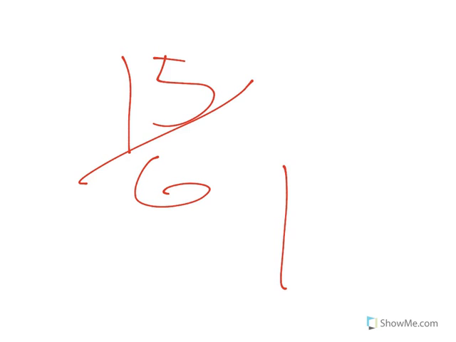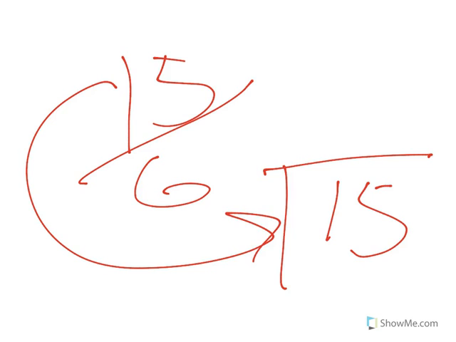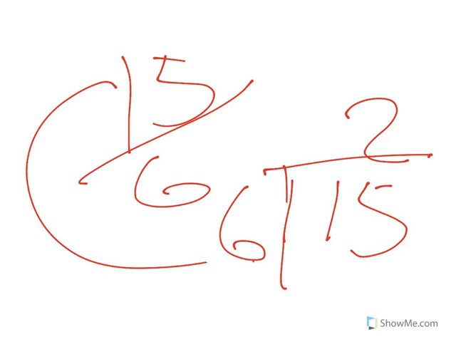So all you do here is you're going to divide. I'm going to put my biggest number in the box, and then our denominator becomes our divisor. So 15 divided by 6 is? 6 times what's close to 15 without going over? Good, it's 2. 2 times 6 is 12.